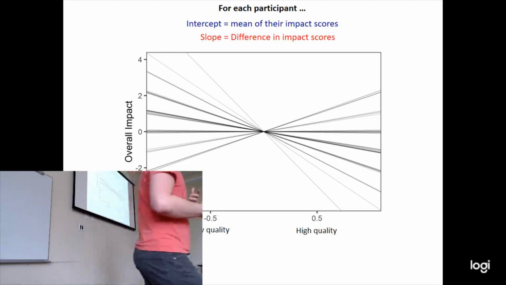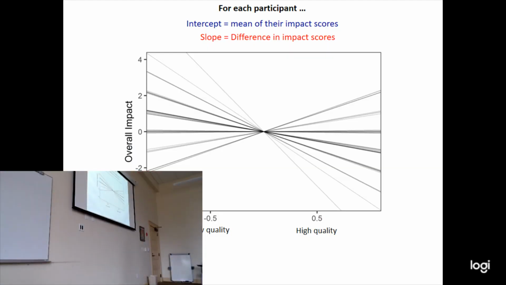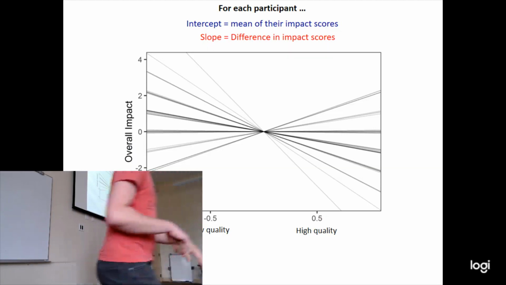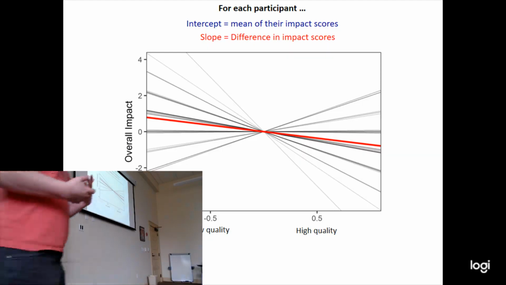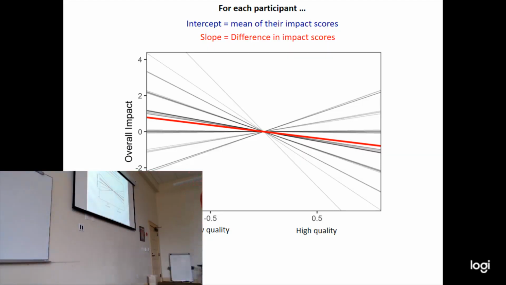So some reviewers responded to this quality manipulation to a lesser or greater degree. And there's probably some slope that is best in the sense that it minimizes the sum of the squared errors from each reviewer's individual slope.